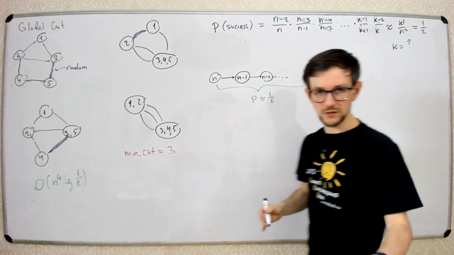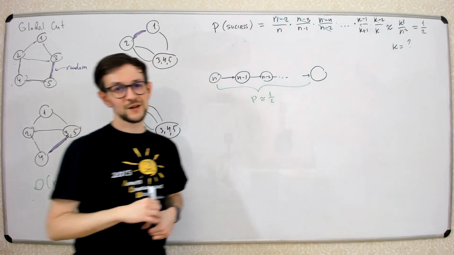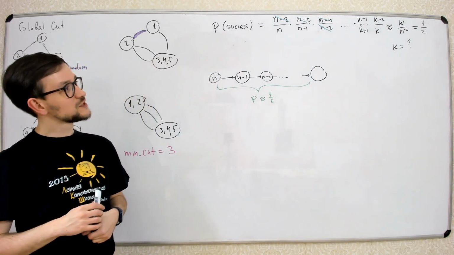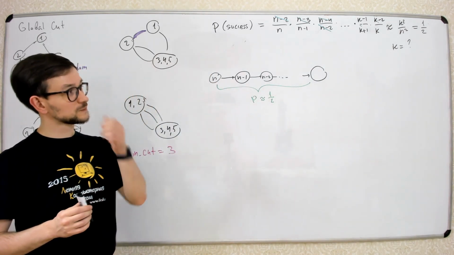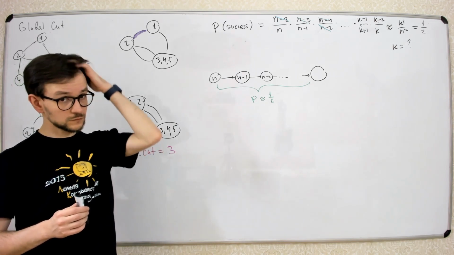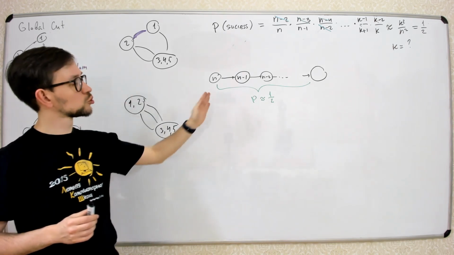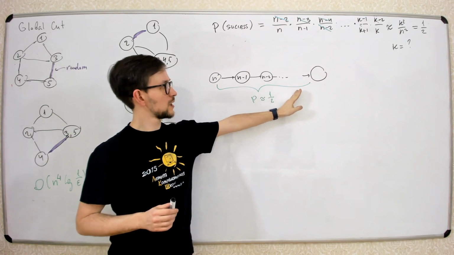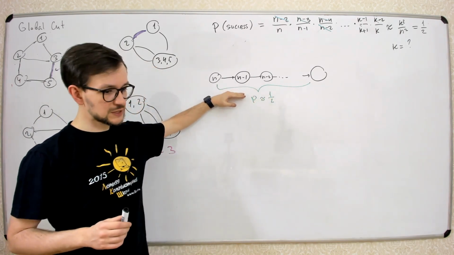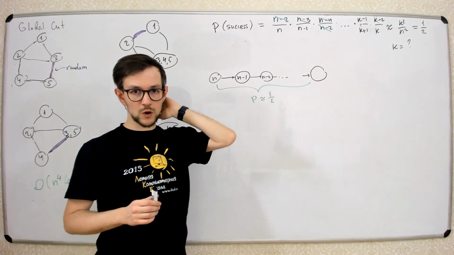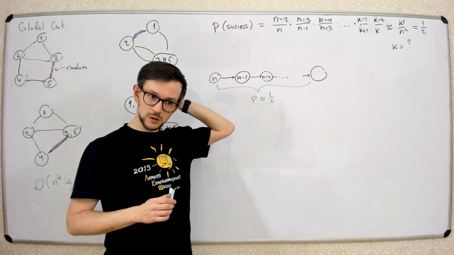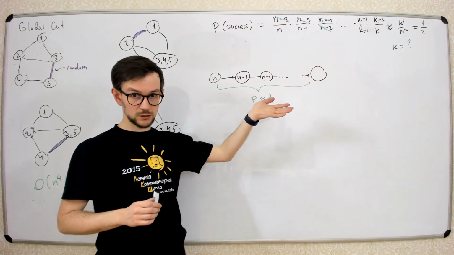Very simple task, right? I want to make these steps until the probability of success is 1 over 2. How many steps can I make?